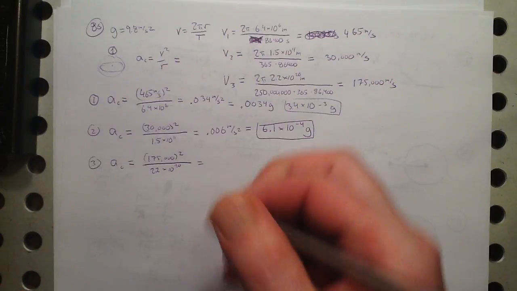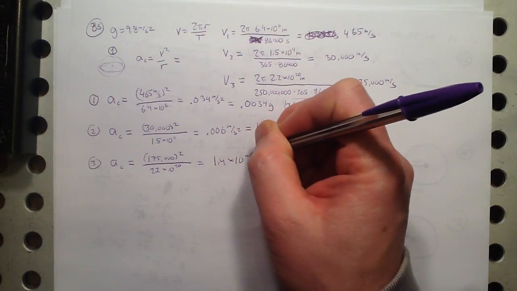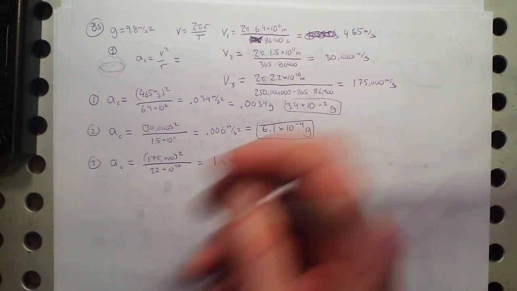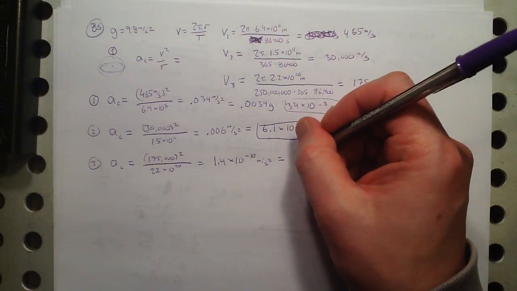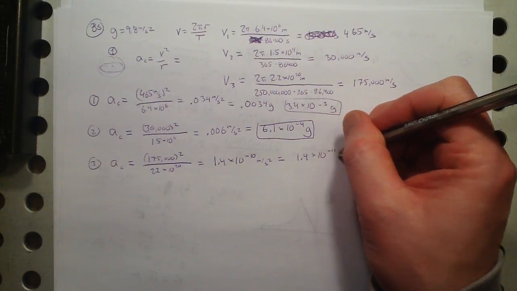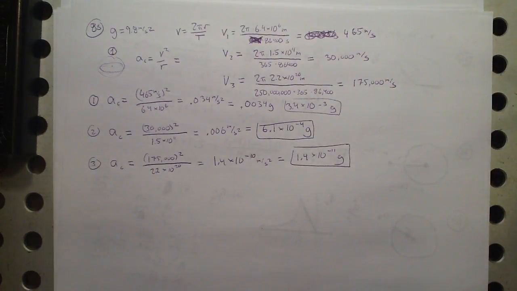Ooh, dear. That's 1.4 times 10 to the negative 10th meters per second squared. As a multiple of g, divided by 9.8, that's about 1.4 times 10 to the negative 11th of our Earth accelerations. So that's worth kind of thinking about a little bit, what's going on there.